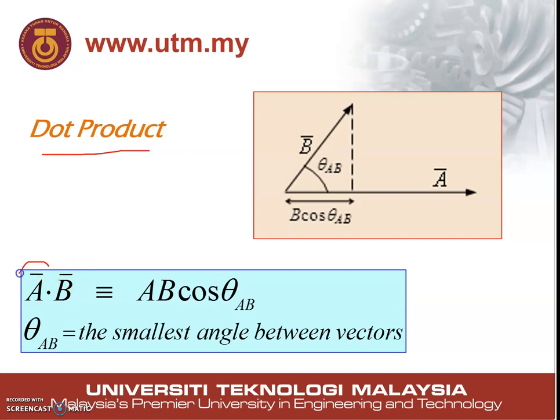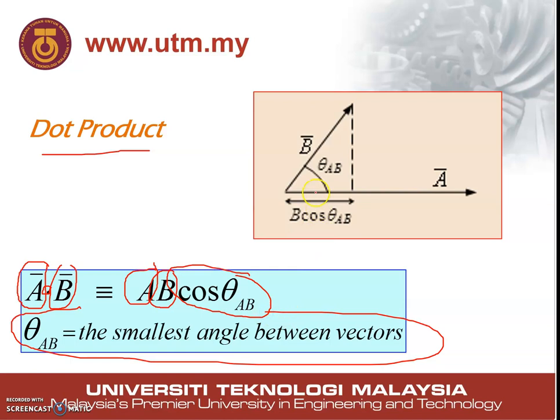So here we have vector A and vector B. Under the operation of the product, we represent this vector A dot vector B as equivalent to the magnitude of A times the magnitude of B with a cosine angle of theta AB. Theta AB is actually the smallest angle between the vectors, so it is here.